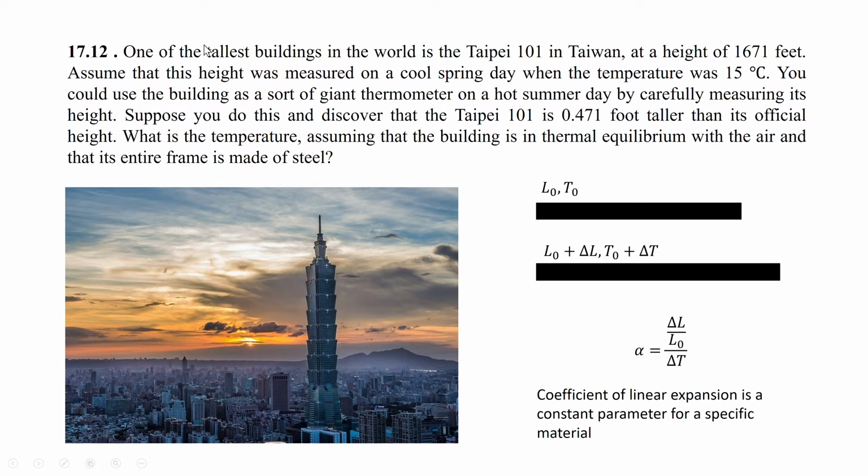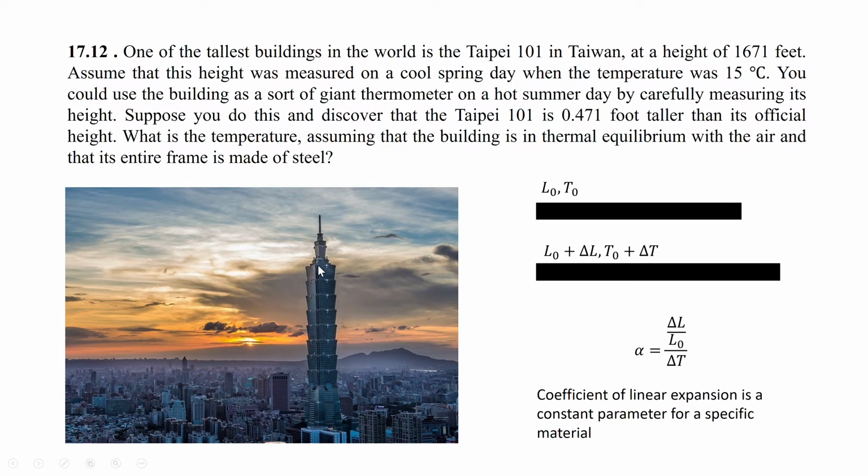And here we have a question about steel. There is a very tall building in Taiwan called Taipei 101. I show you a picture here for reference. These buildings are very short compared with Taipei 101.